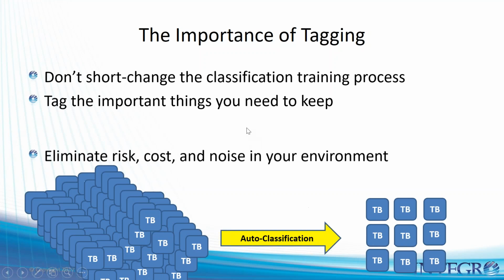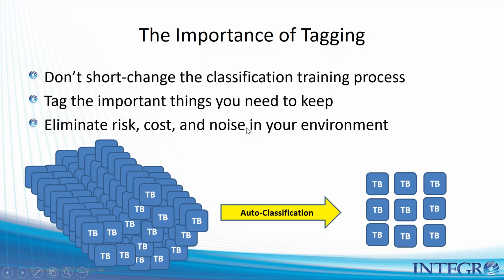And then finally, use the auto-classification tools as one of the tools in your toolbox to eliminate massive amounts of risk, cost, and noise in your environment. Reduce those hundreds of terabytes that I know you're storing to just tens of terabytes. And if you can do that, you'll be able to declare your data cleanup project an overwhelming success.